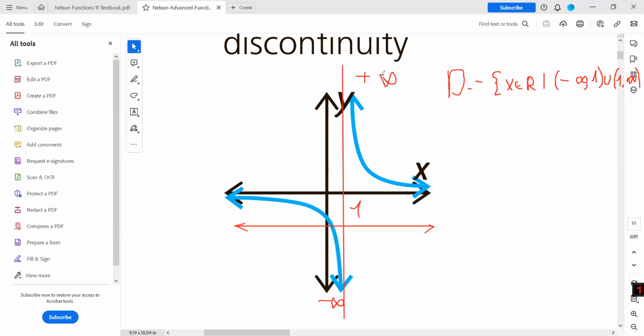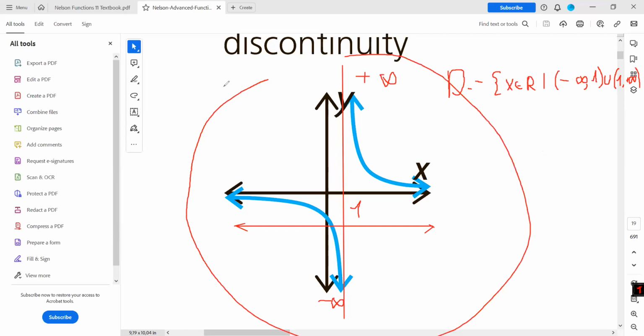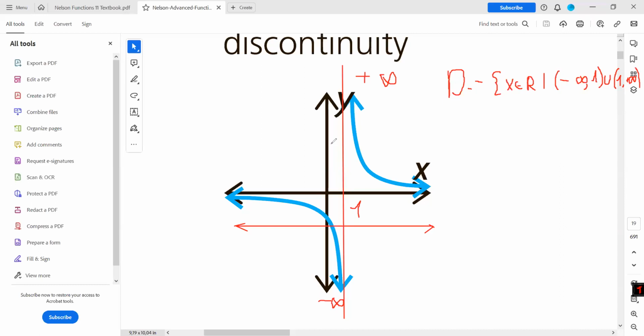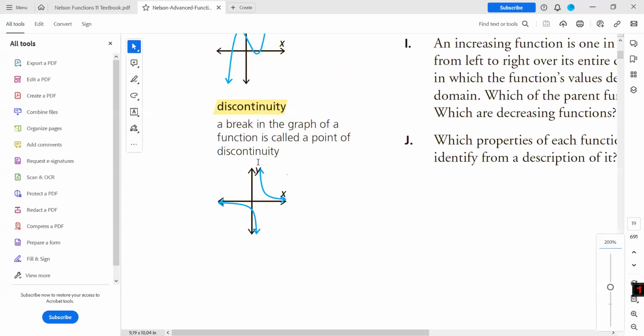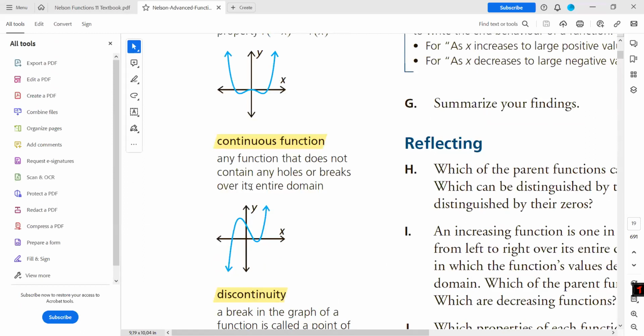Depending on the characteristics of your function, the left-hand side could travel to positive infinity and the right-hand side to negative infinity. Or, as you can see in this example, the left-hand side travels to negative infinity, and the right-hand side travels to positive infinity. This is an example of discontinuity, basically a break in the graph of a function. It's called a point of discontinuity.